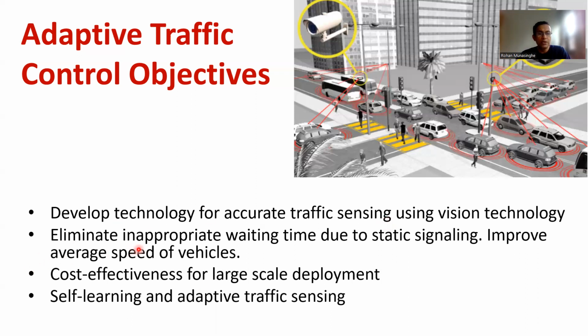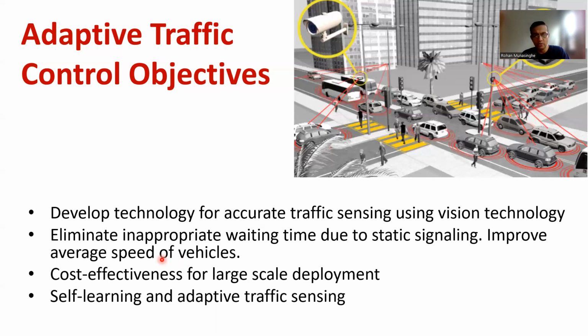And also to eliminate inappropriate waiting time due to static signaling. This is the application improvement we expect. You want to reduce unnecessary waiting time at the junctions, and improve the flow, meaning how many vehicles you can allow to pass through the junction. That is, improving the average speed of vehicles. This has a lot of good benefits when you increase the average speed.